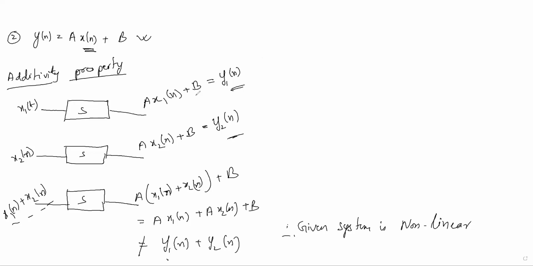Yes, if b is not there, then this system will be linear. This constant addition is why the problem has come. Otherwise, this system is linear.